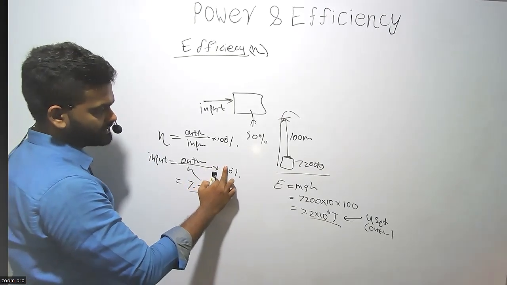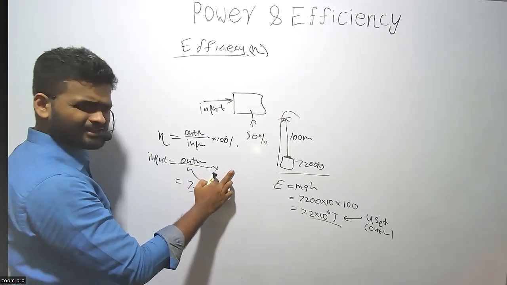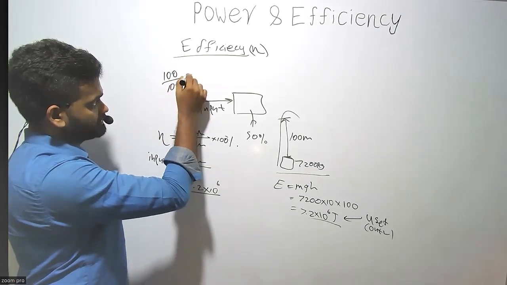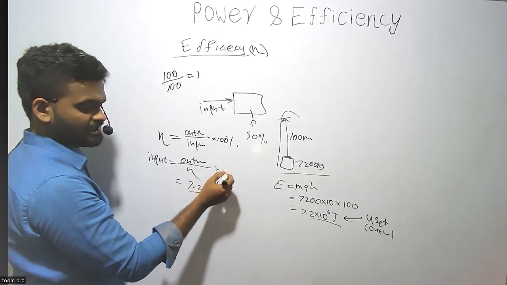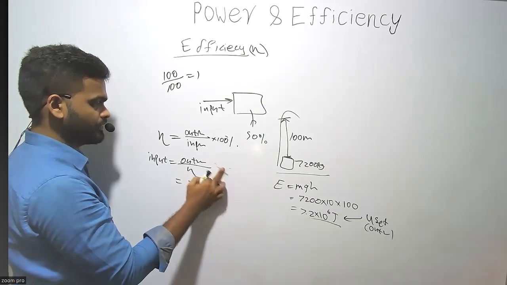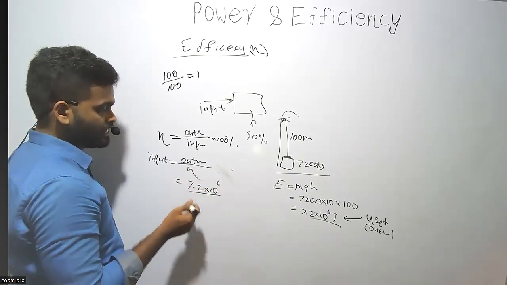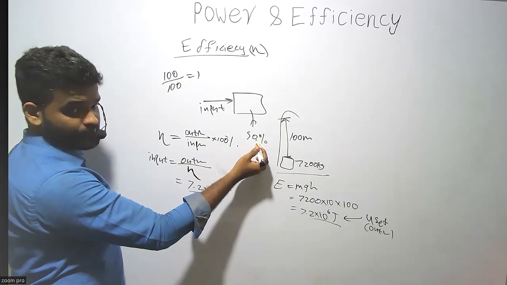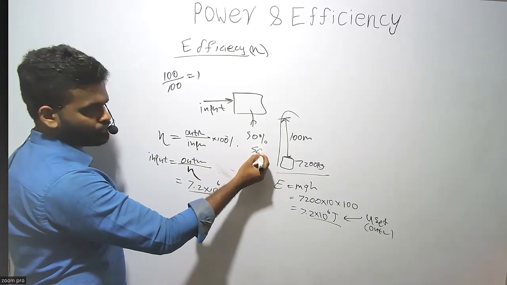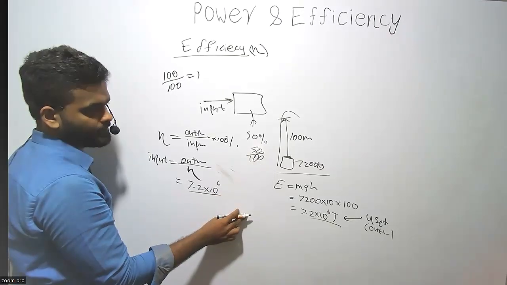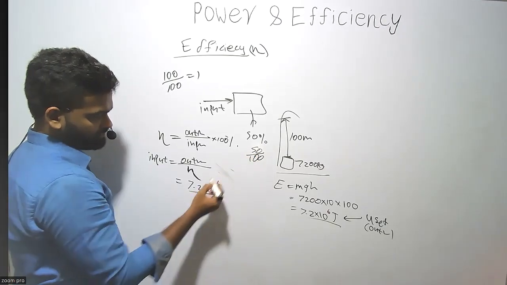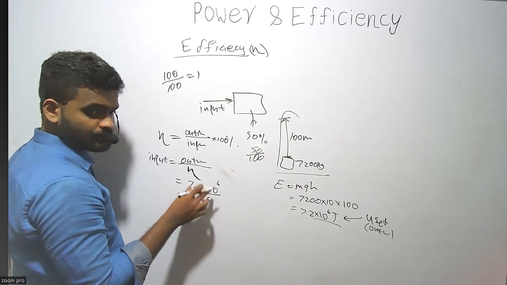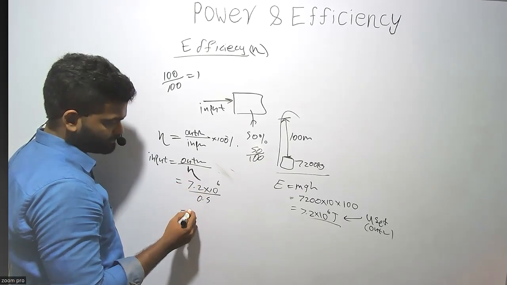If you want, you can neglect this 100%. What does 100% mean? 100 divided by 100, so this is 1. If you want, you can multiply, but you don't have to. It doesn't make a difference in the question. Eta means efficiency, and 50% is the efficiency. What is 50%? That is 50 divided by 100, which is 0.5. So 0.5 is 1 over 2. That is half.